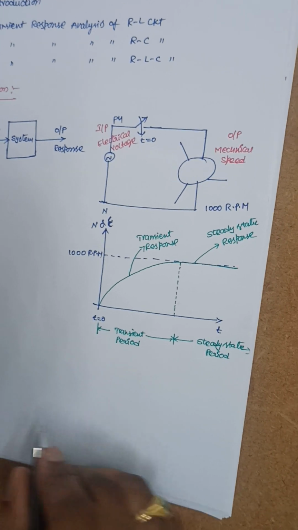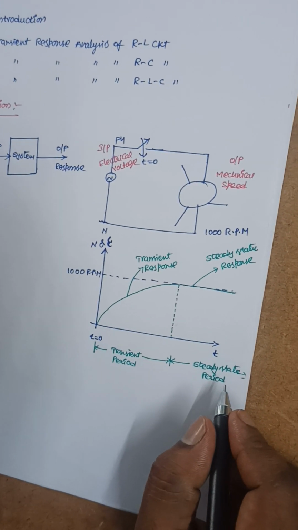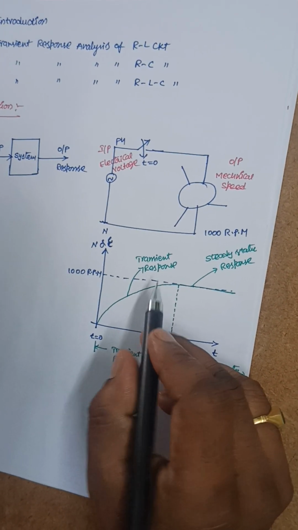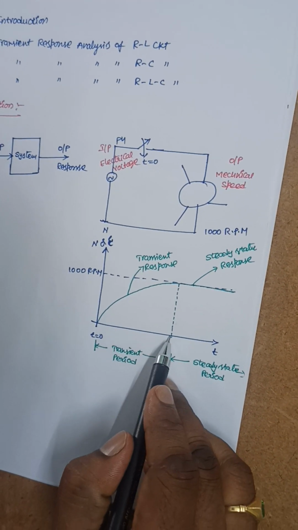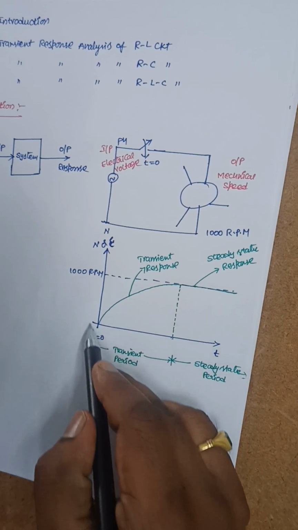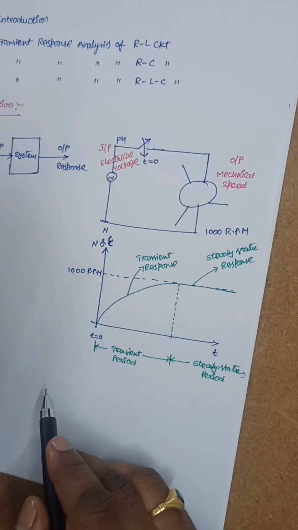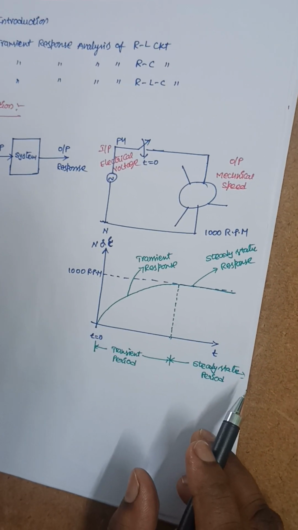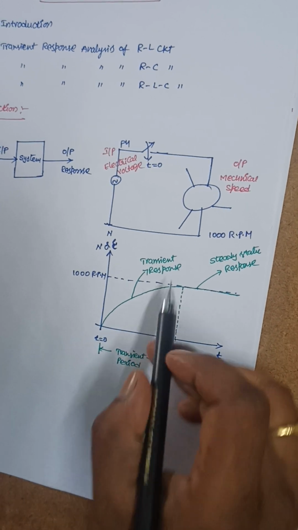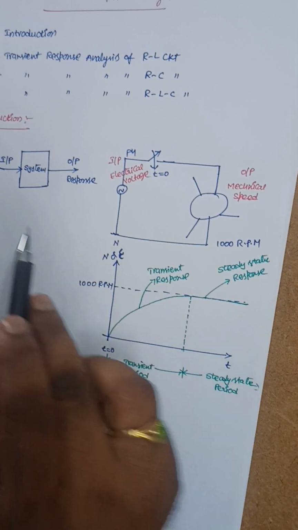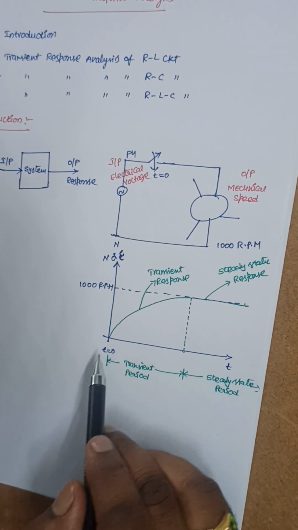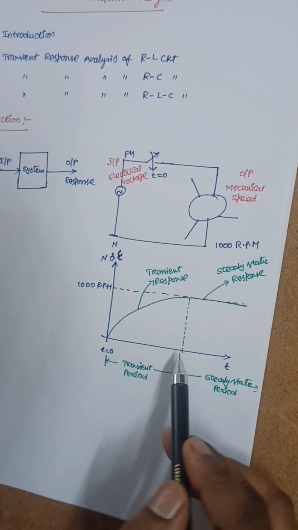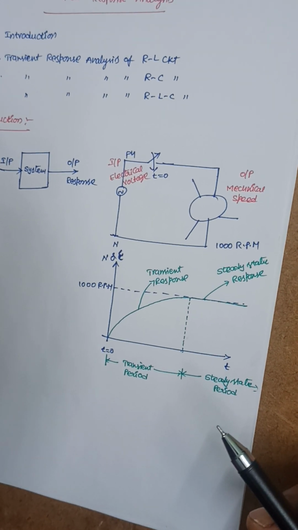So in this transient response analysis, we are going to analyze the response of the system during the transient period. That means we are going to analyze this transient response only in this unit. So transient response is the response of a system which will exist during the initial period after the switching action is done.